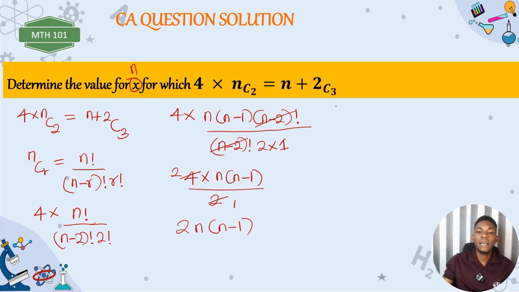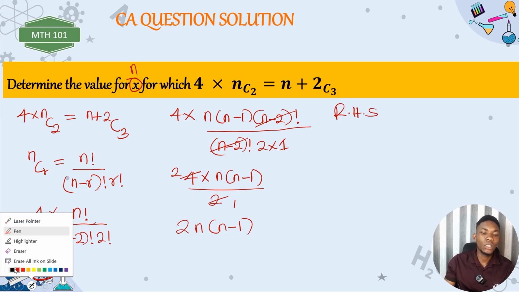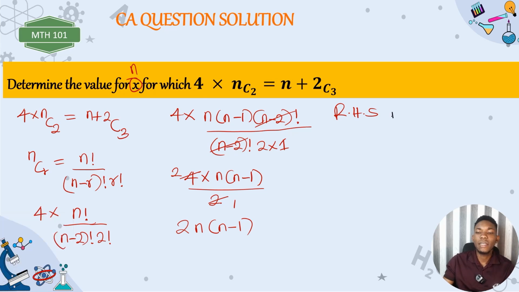Now let us work with the right hand side. The right hand side of this equation says n plus 2 combination 3. So this n plus 2 combination 3 can also be written out first: n plus 2 factorial divided by n plus 2, you know you are combining it with 3, so you subtract 3, because the formula says n factorial all over n minus r factorial.